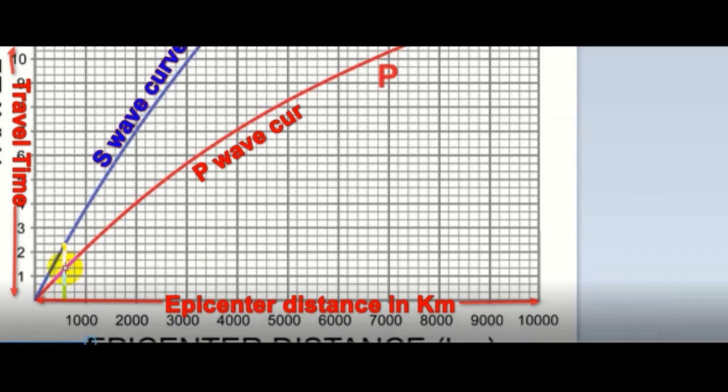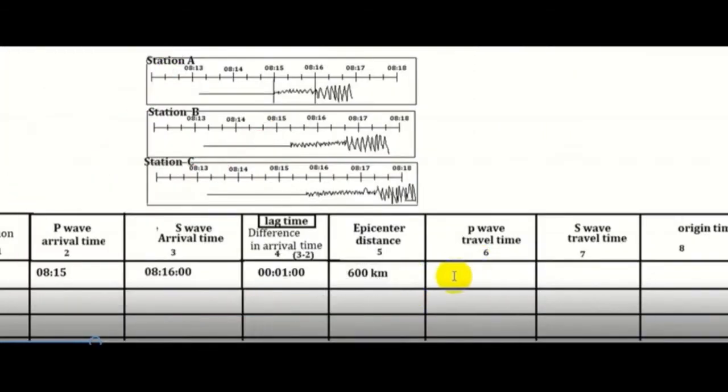Project horizontally a line from where lag time touches the P curve towards the travel time axis.